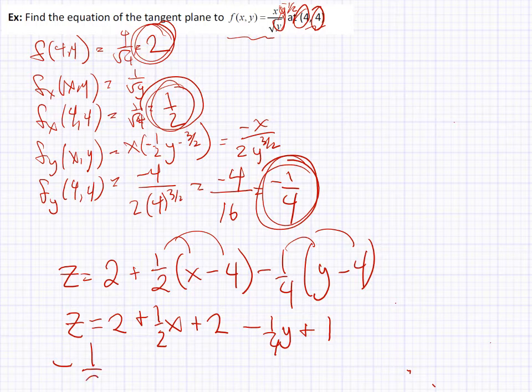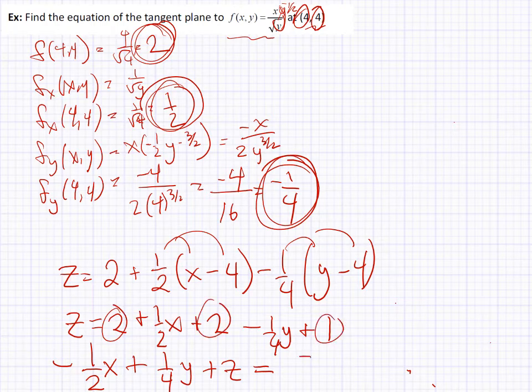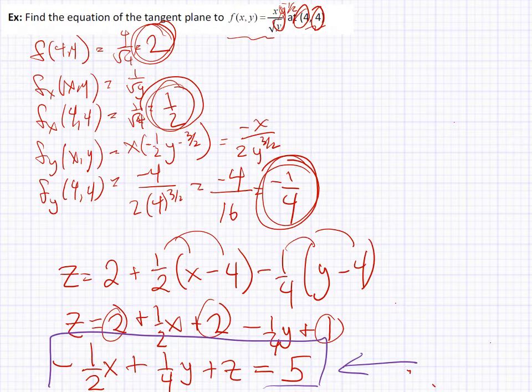So minus 1/2 x plus 1/4 y plus z equals 2 plus 2 plus 1, so 5. So that's most likely the way you would see the equation of the plane written. So there's your tangent plane to this function at this point.